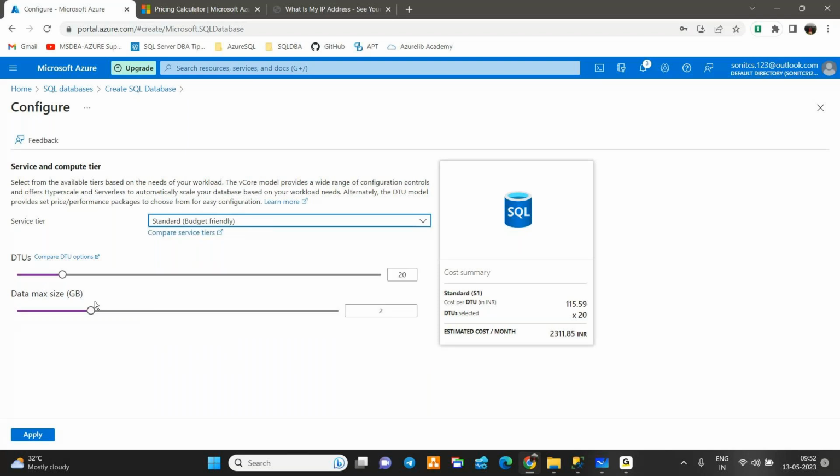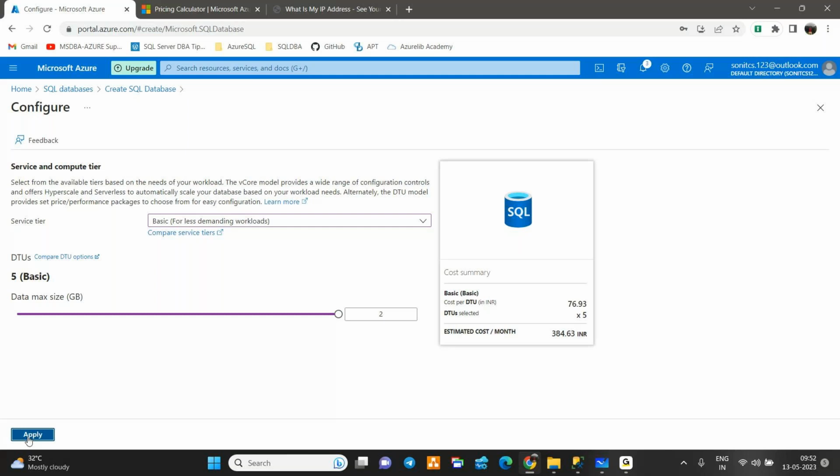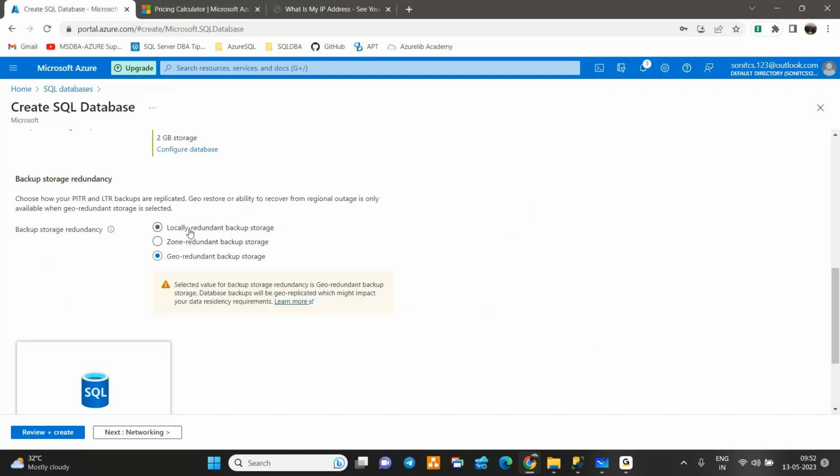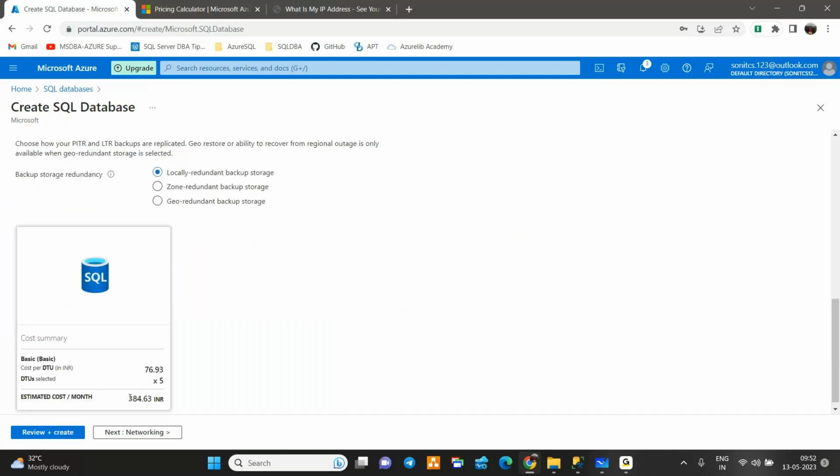As of now, I'm selecting Basic and clicking on apply. Scroll down. For now I'm going for local redundancy. Even for storage, Microsoft charges for everything. If you go for zone, okay, geo is not available for Basic.